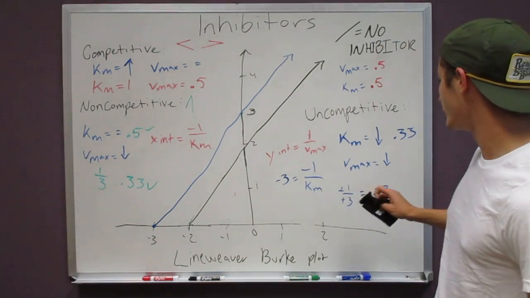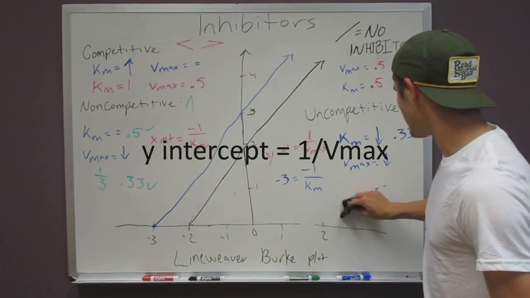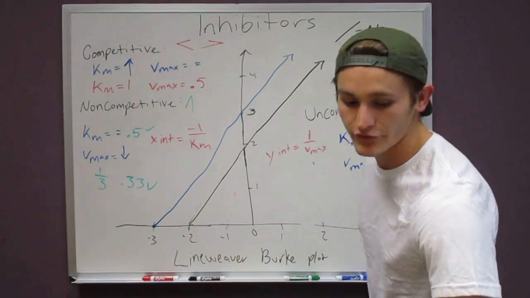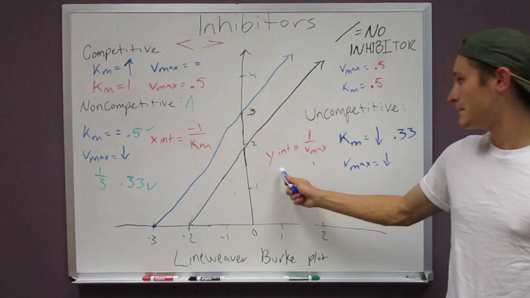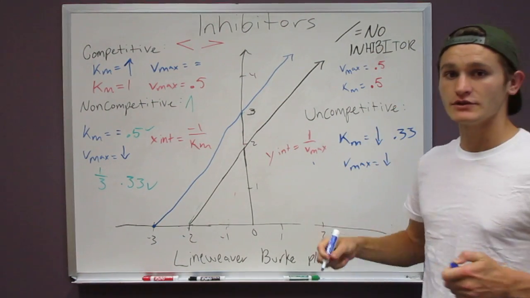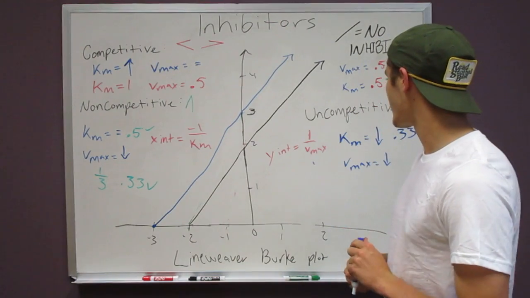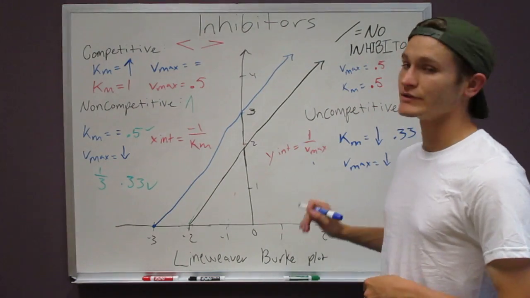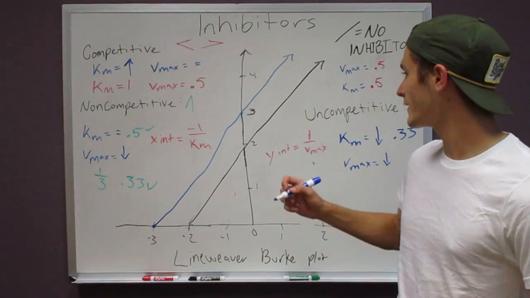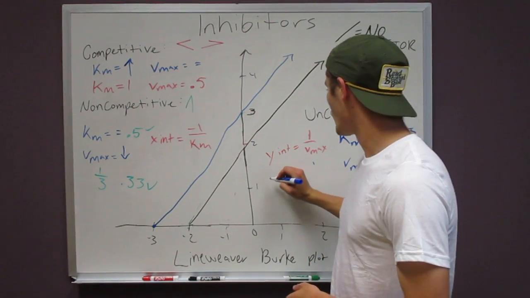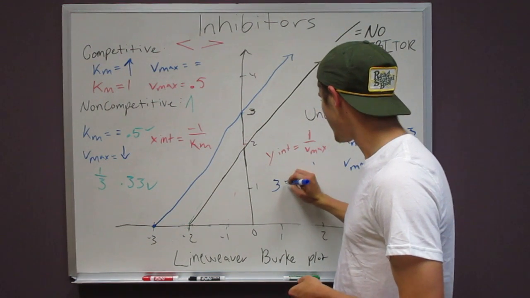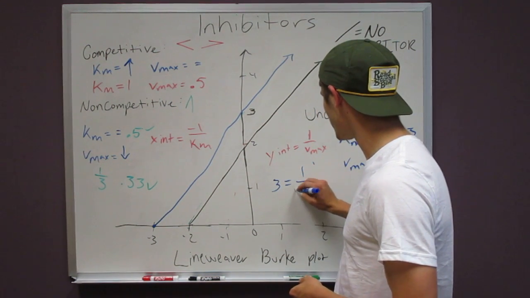So we could also see on the Vmax, it'll be the same math. You could go ahead and pause it and see if you can figure it out yourselves. We have our graph here and we can see what it is. So go ahead and pause your video now and see if you can figure out what the Vmax is for the uncompetitive inhibitor. Okay guys, welcome back. So the y-intercept is 3, and that equals 1 over Vmax.